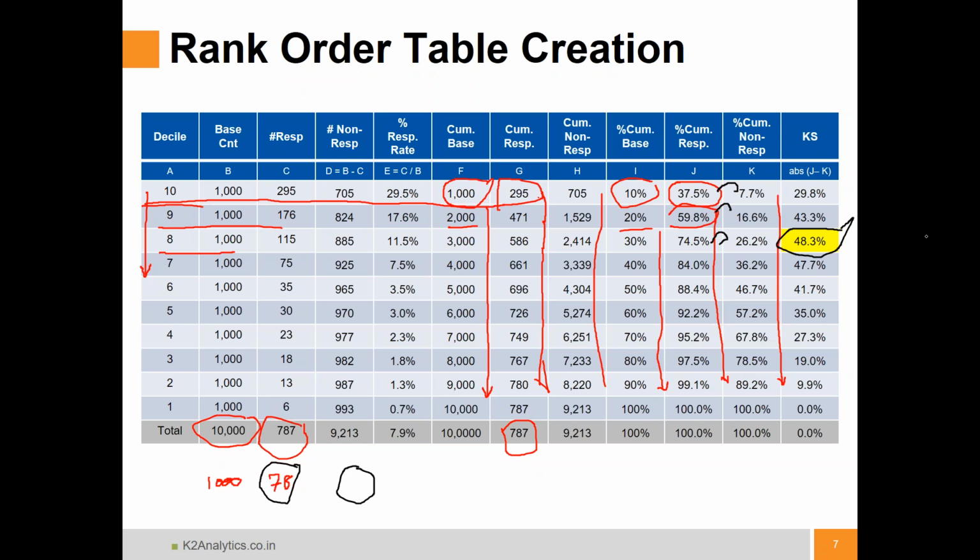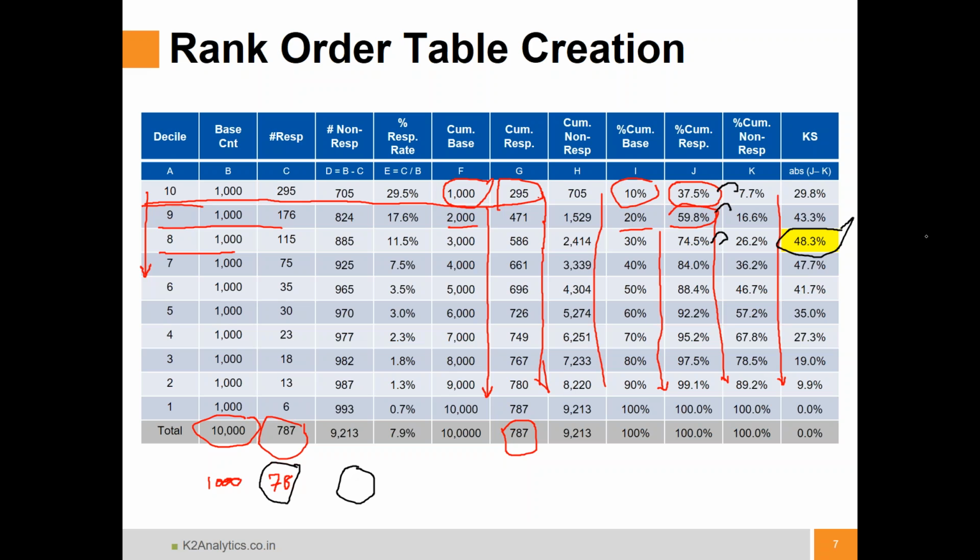Can you tell me 1-point statistics? And that 1-point statistic that you will typically ask is, what is the KS of the model? Because the moment you ask that, if your team member says, okay, it is around 46, you'll say, okay, it's a good model.